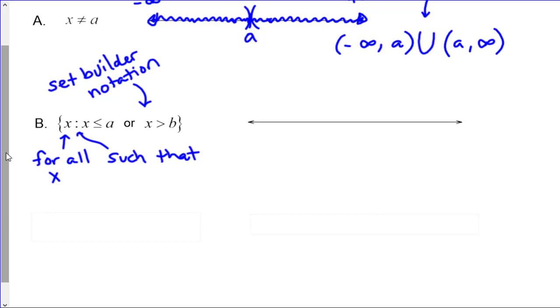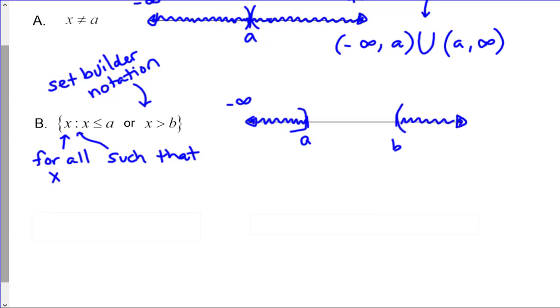So this would be all the values of x such that x is less than or equal to a or greater than b. So let's look at that. If I have a and b here, all the values that are less than or equal to a would be this set of values here, going all the way to negative infinity, or greater than b.